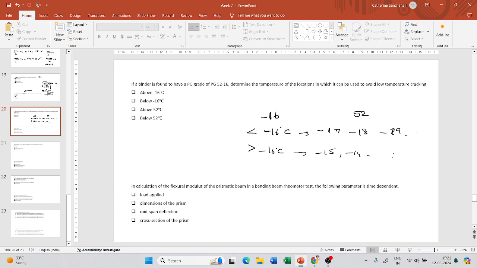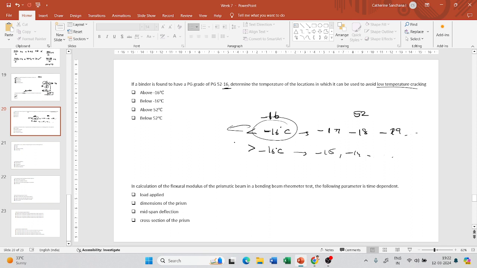Here, same as we saw for intermediate temperature, if you pick temperatures less than minus 16 degrees Celsius, then your bitumen is already sufficiently stiff in order to resist the low temperature cracking. Okay, so this bitumen can withstand temperatures only up to minus 16 degrees Celsius. If the temperature of the pavement goes beyond this, then my bitumen will be subjected to low temperature cracking.